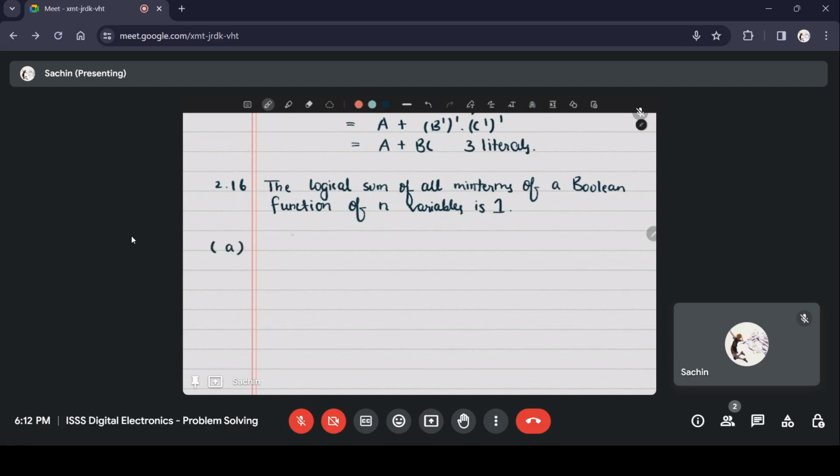Part A, prove the previous statement for n is equal to 3.